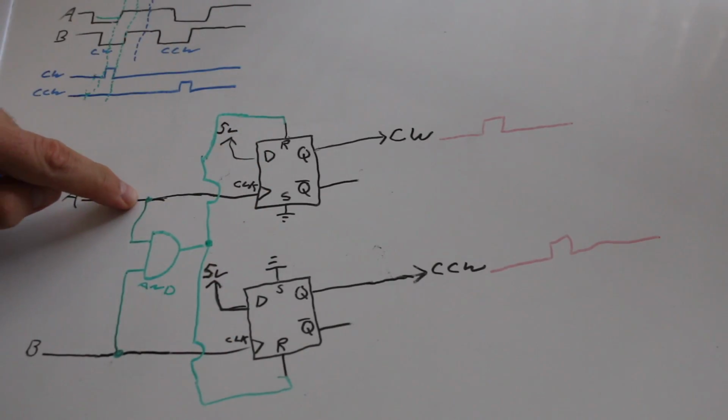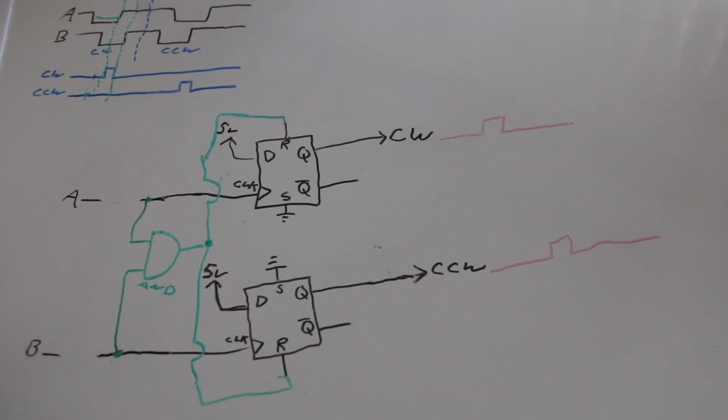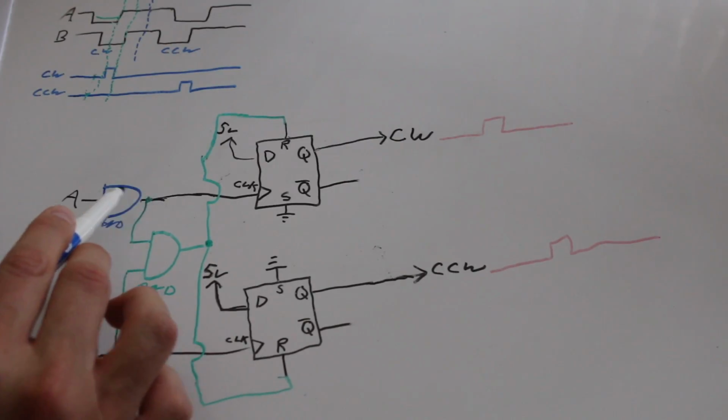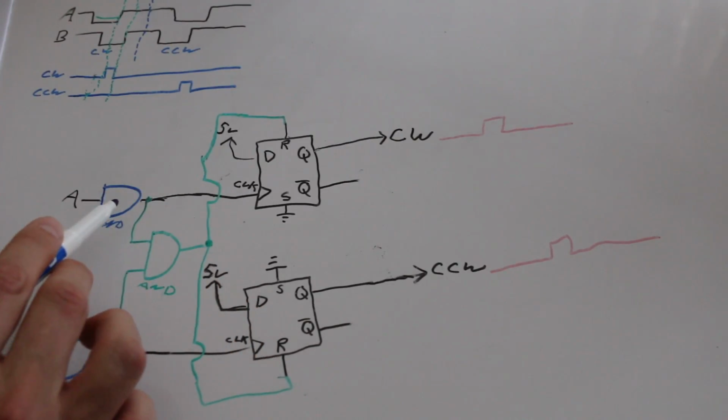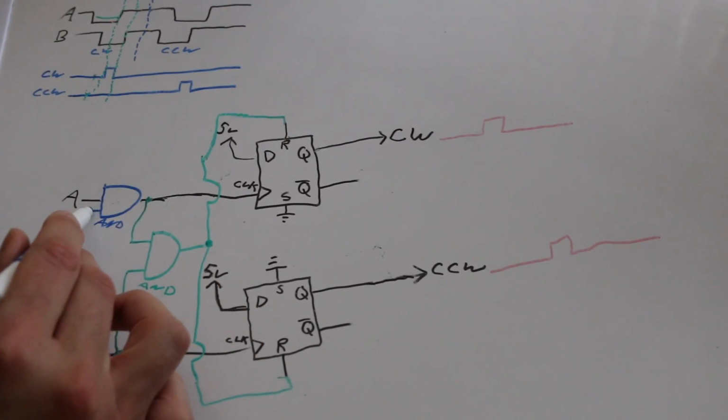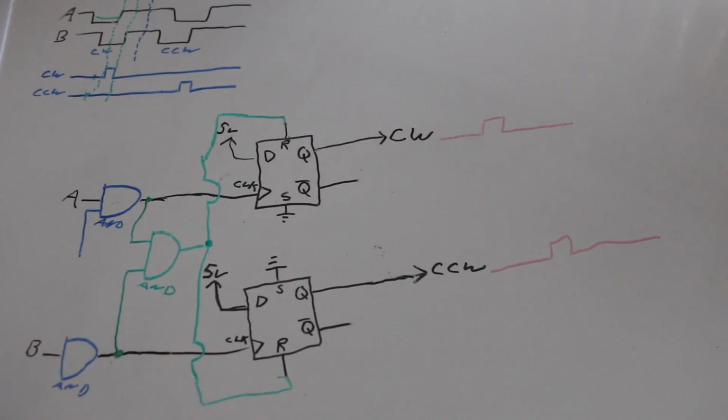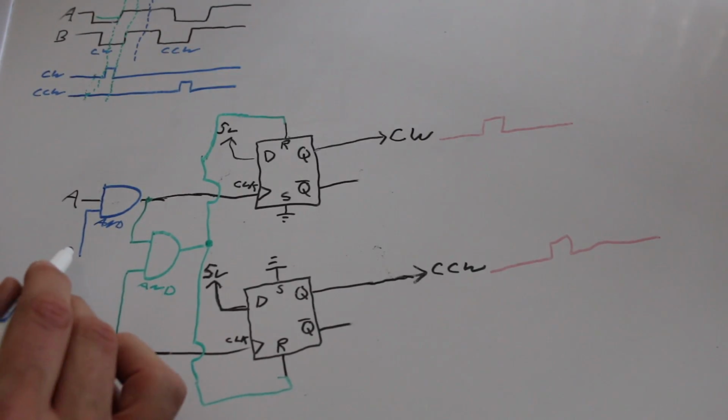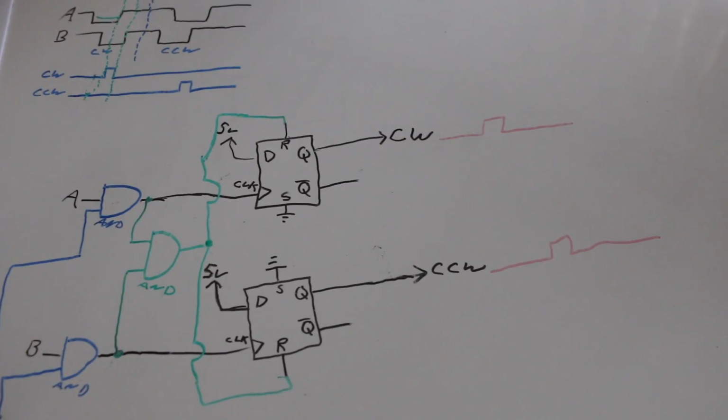If we intercept the incoming A and B signal with an AND gate so that we can gate the whole process, the output of the AND gate will pass through if the other terminal is high. So we can do that for each one of these, but what do we tie it to?